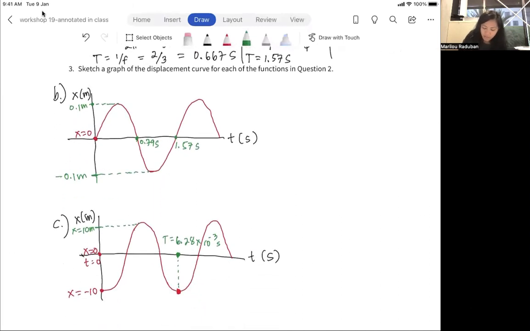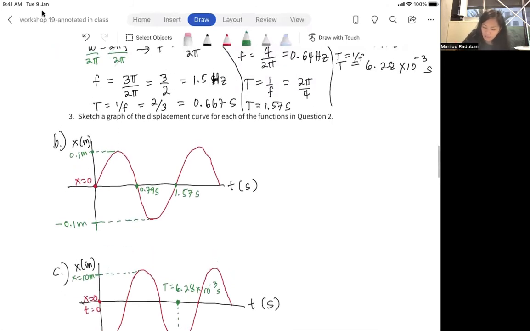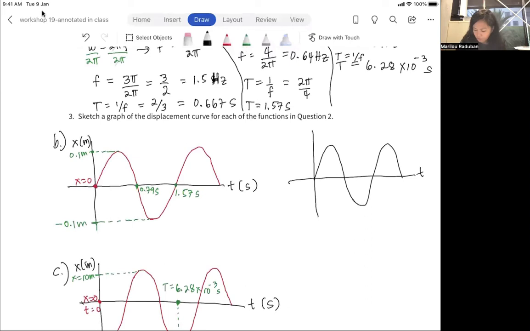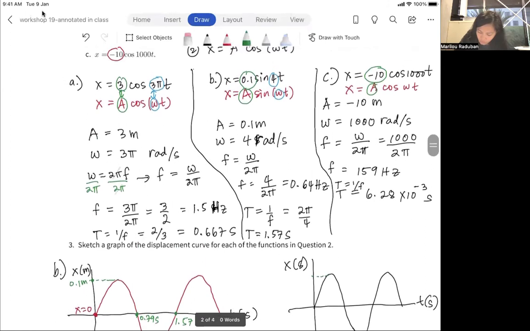Okay. Right. So there's a question here in A, which has a cosine. It will start from x is equal to 3. You're right. So in A, it's a cosine function. So it will look exactly the same as the first graph here. But this time, oh, yeah, sorry.